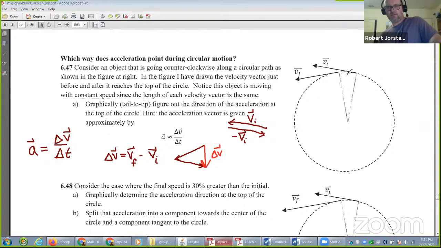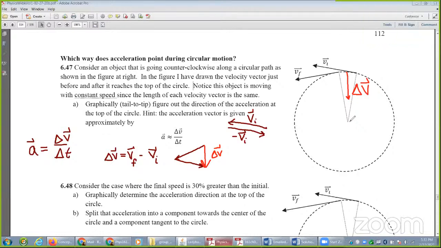In this problem, that's right towards the center. Take a second and see if you believe that. Just before it hits the top, it's moving upwards. Just after it hits the top, it's moving downwards. The horizontal components have basically not changed at all. The change is entirely in the vertical direction. There's a force towards the center.